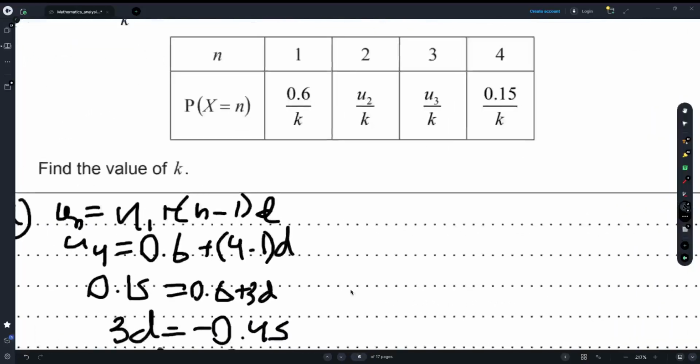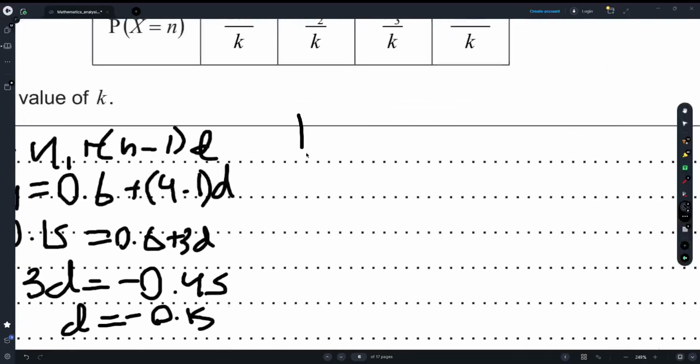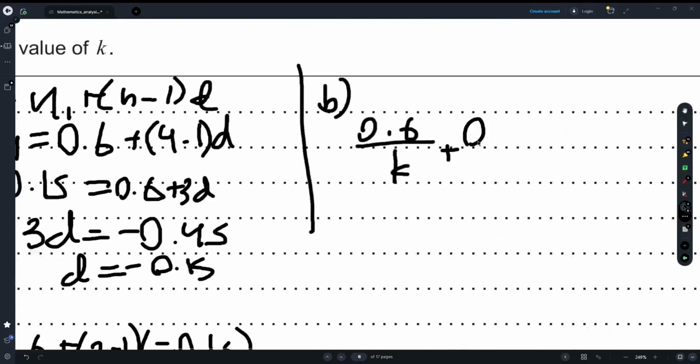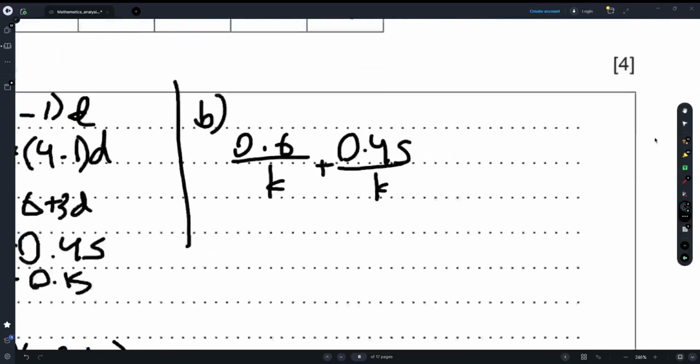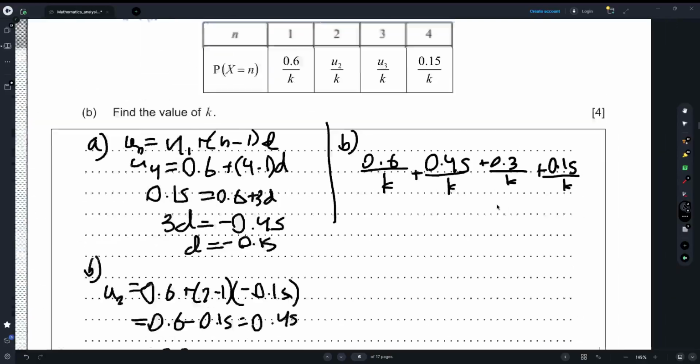Alright, and here, so we just get 0.6 over k plus 0.45 over k plus 0.3 over k plus 0.15 over k.